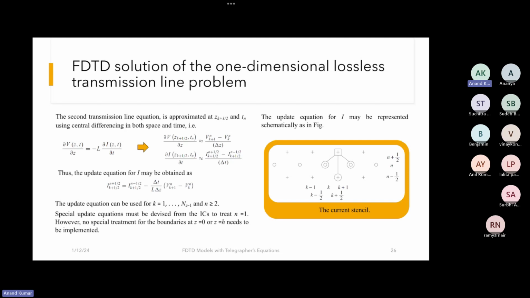Okay, so similarly, we'll use the second transmission line equation, and this is your voltage discretized in space. We're trying to evaluate at the k plus half position, and for the k plus half position, we'll use the voltage values at k plus 1 and k.